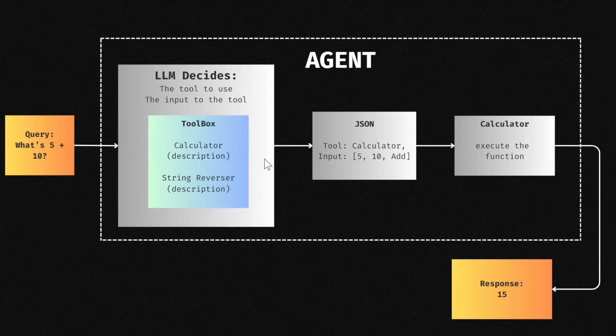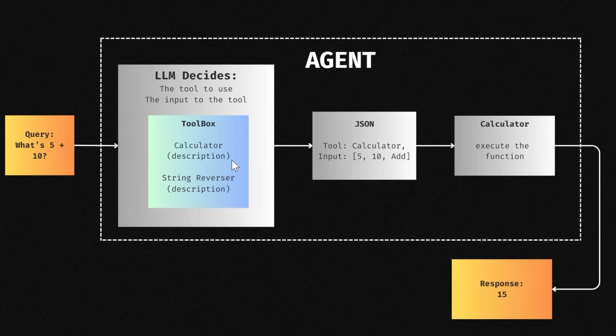The next step is this JSON outcome. Because these tools are Python functions, we actually need the arguments to be put into the tool in a structured way. So once the LLM decides what tool to use, it will also generate the input for that tool. And it knows the input because it has a description of the tool.